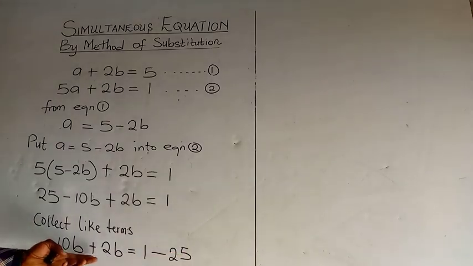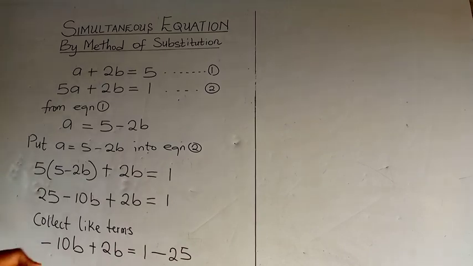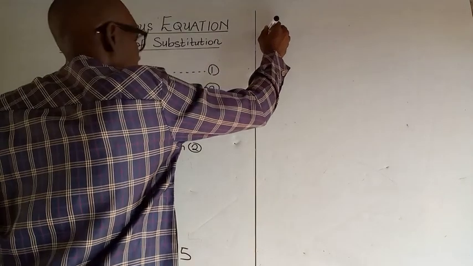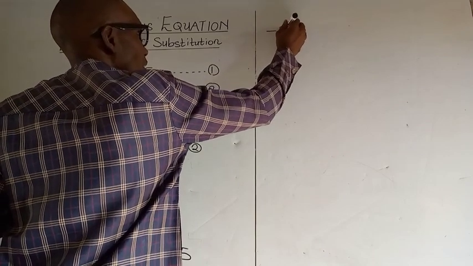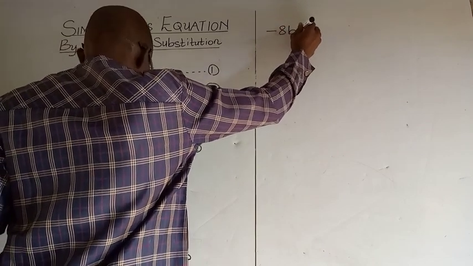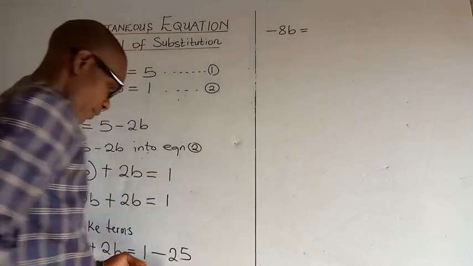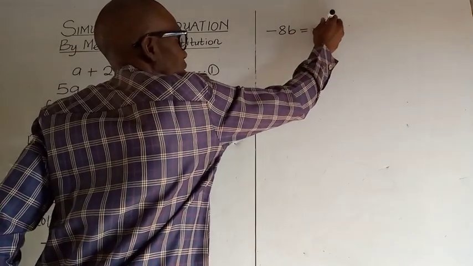From number line, we know that minus 10b plus 2b will give us minus 8b, which is equal to 1 minus 25, which is minus 24.